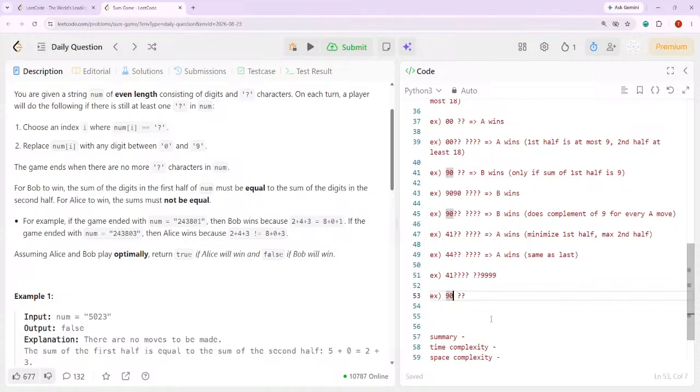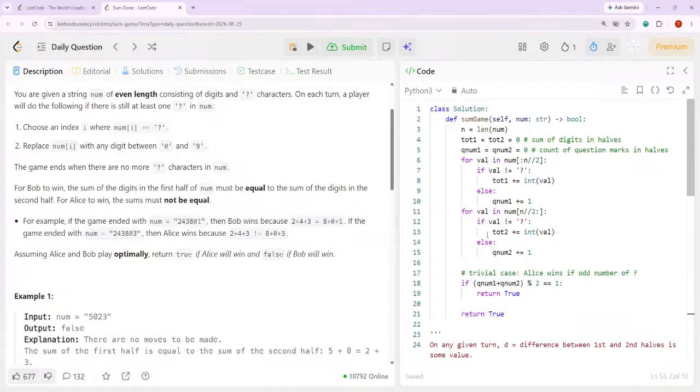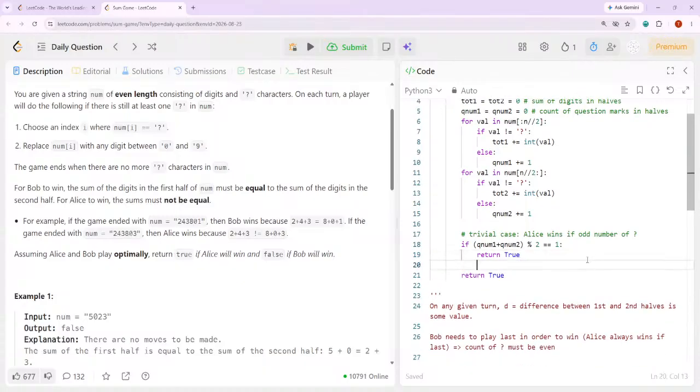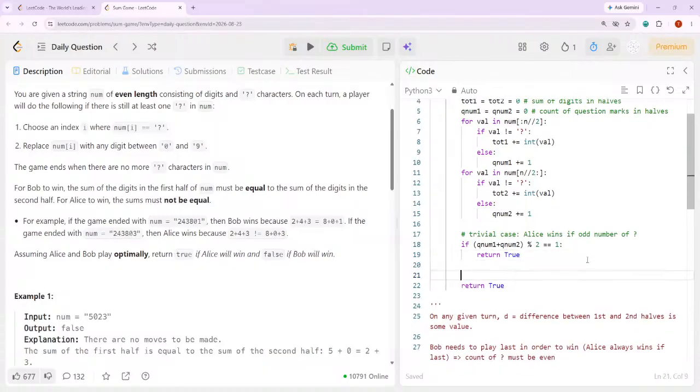So I think if it's like 4-1 question mark, Alice wins because Alice makes the first half into something small, 4-1-0. Yeah. So if the number of question marks is uneven, it reduces.